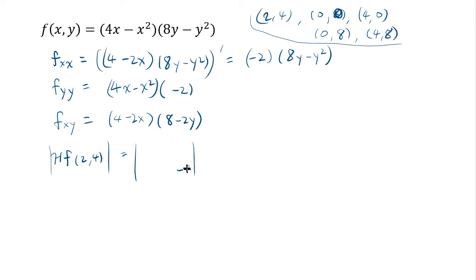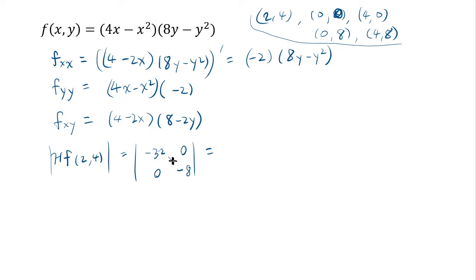It's going to be negative 8 here. When you plug in 4 here, it's 32 minus 16, which is 16 times 2, negative 2, so negative 32. And when you plug in 2 here, it's going to be 0, so these will be 0, 0.